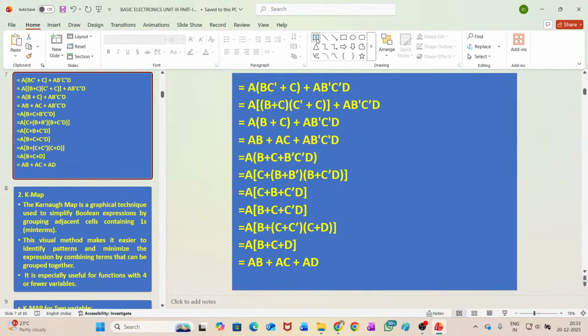Instead of writing with the cursor, I will write in text. So here B C bar plus C is there.